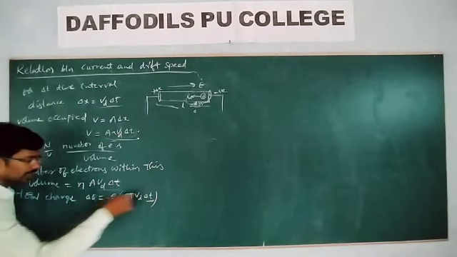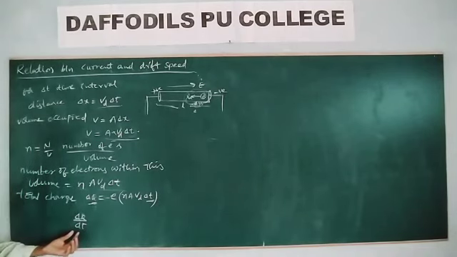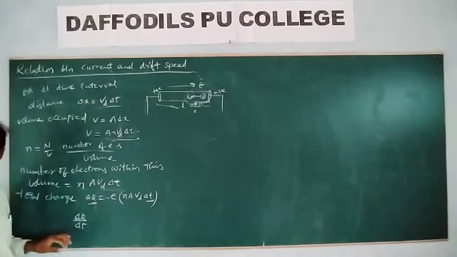Now bring this delta t to this side. What do you have? Delta Q by delta T, which is the rate of flow of charge in a small interval of time.